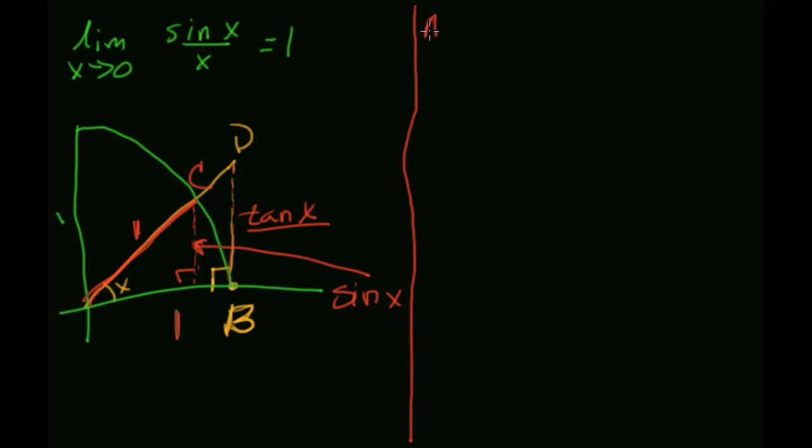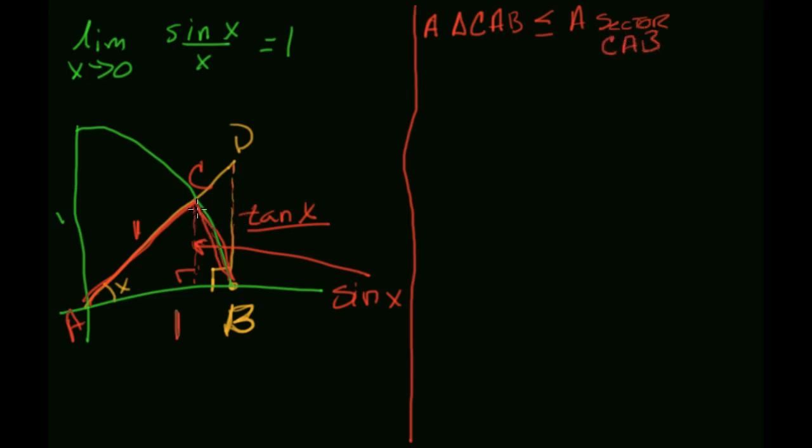We're going to make this point down here point A. The area of triangle CAB, so that's the inside there, has to be less than or equal to the area of sector CAB.